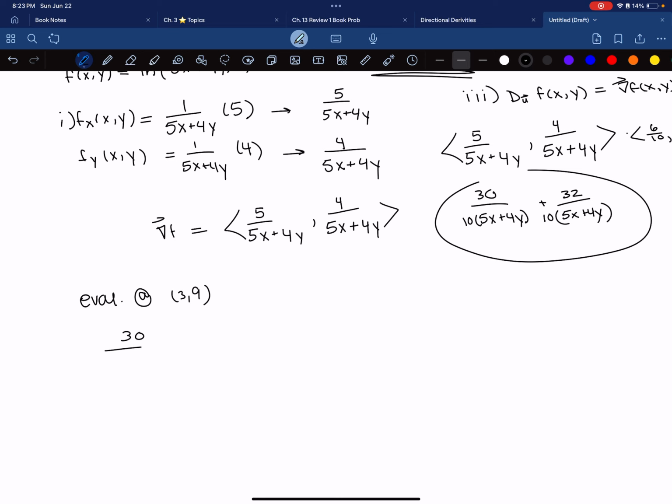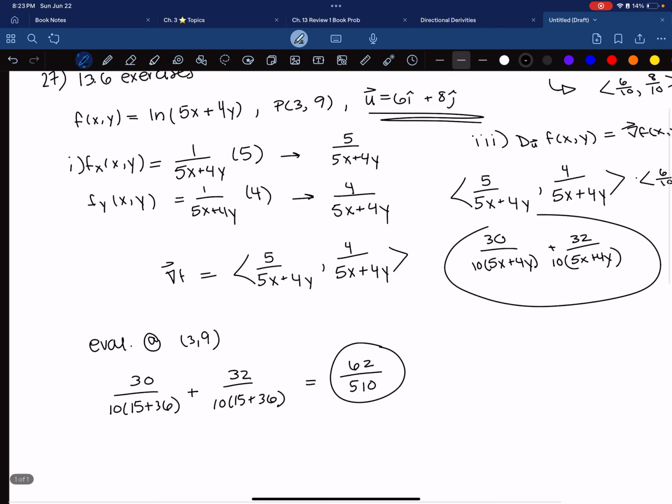So we would get 30 over 10 times 15 plus 36, plus 32 over 10 times 15 plus 36, which would equal 62 over 510. And that's our answer. So that's telling us how steep it is if we walk in the direction of u.